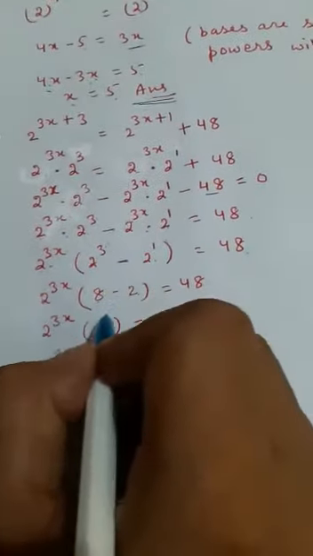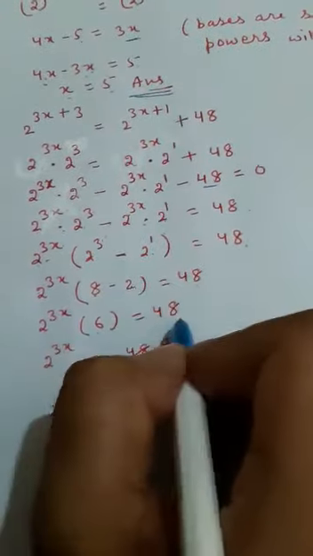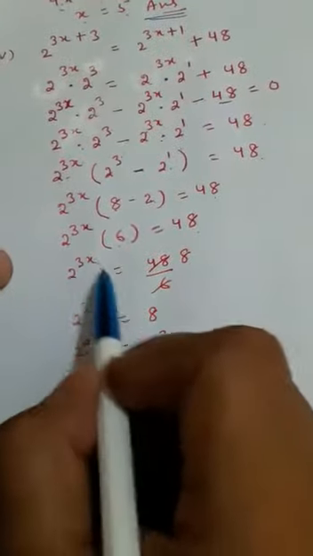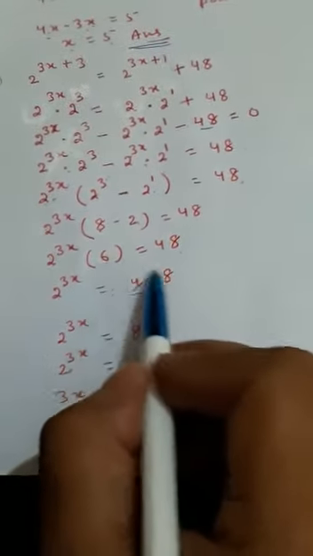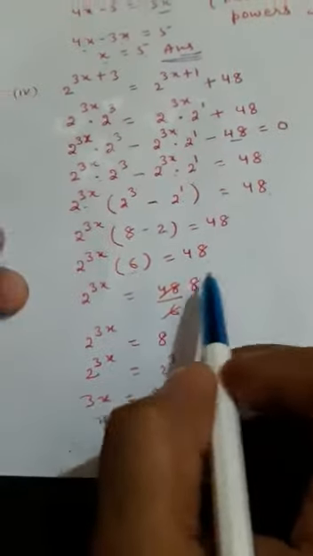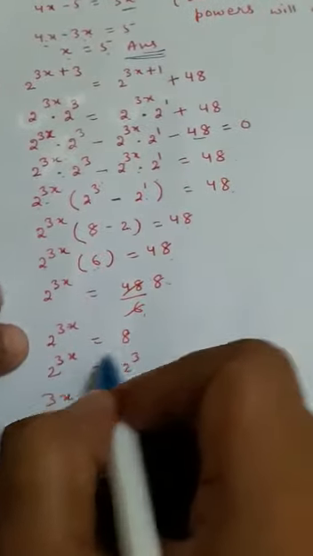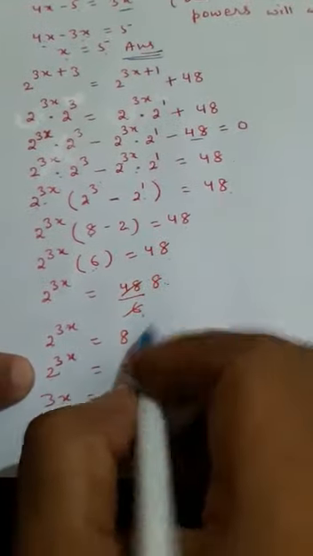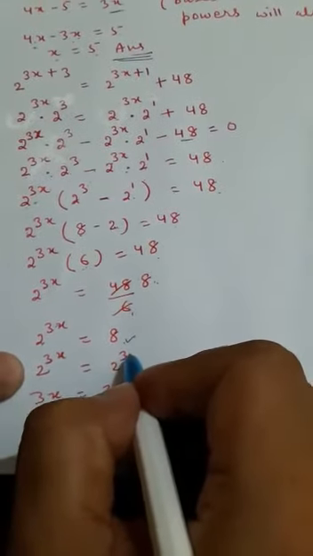So 2 power 3x into 8 minus 2, which is 6, is equal to 48. Now 2 power 3x is equal to 48 by 6, it will become denominator 6, 8 sixes are 48, so 2 power 3x is equal to 8, and we will write this 8 as 2 power 3.